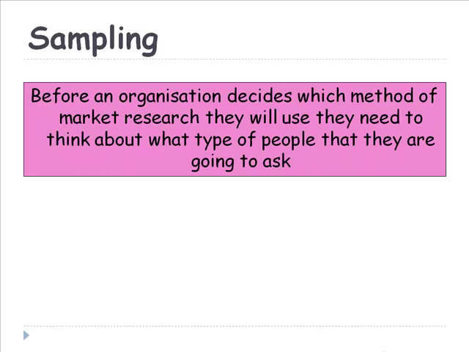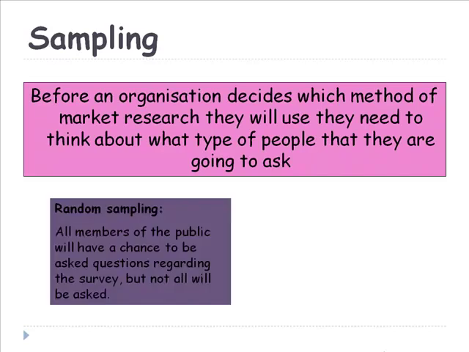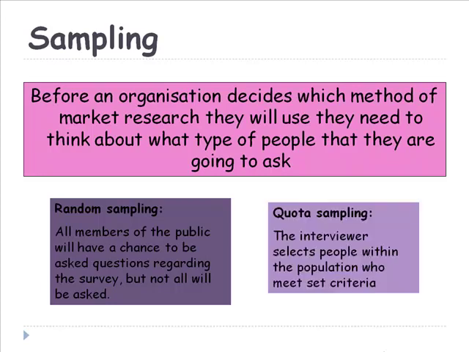Whenever you carry out market research, you need to know who you're going to ask. Random sampling is where you would ask anyone and everyone a questionnaire or a survey. It doesn't matter if it's a young child or an old person, a man or a woman, so random sampling is where you would potentially ask any member of the public. Quota sampling is where the interviewer or the person handing out questionnaires selects particular people of the population that meet the criteria.